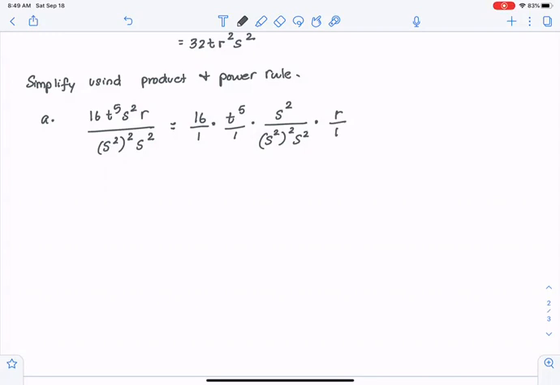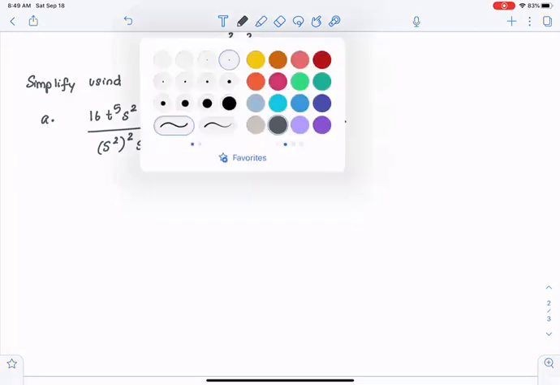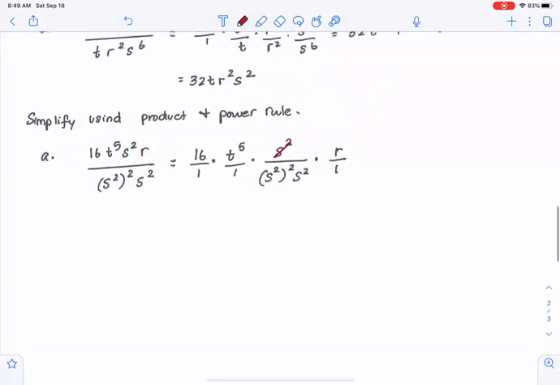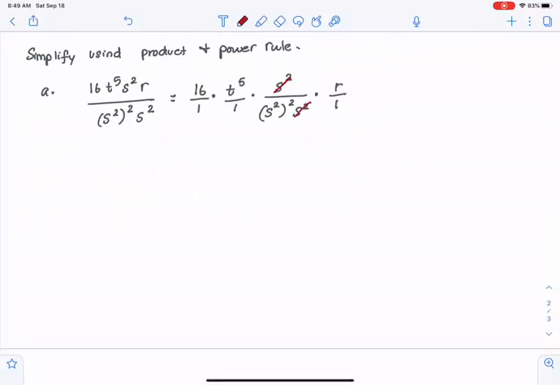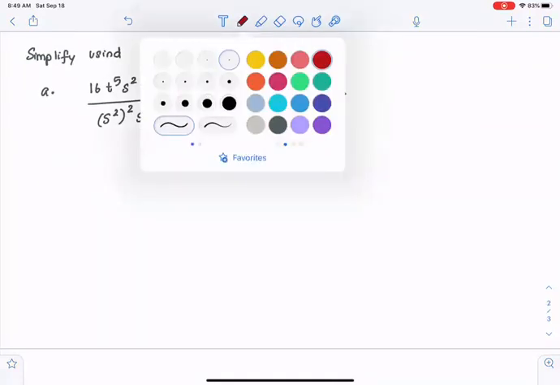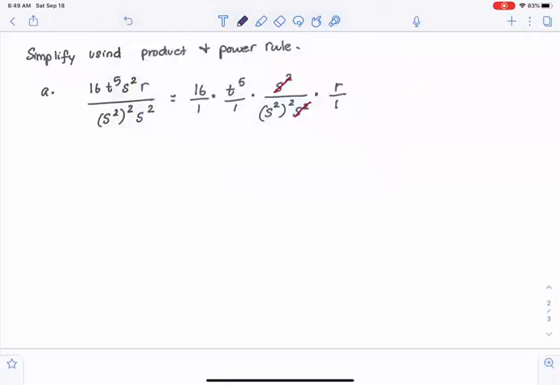In a problem like this, one would naturally want to use both power and multiplication rule or product rule. But before we do that, we can see that we have identical terms in the numerator and the denominator, which is s squared, so we can directly cancel them. You should always think about canceling common terms prior to doing further simplification.